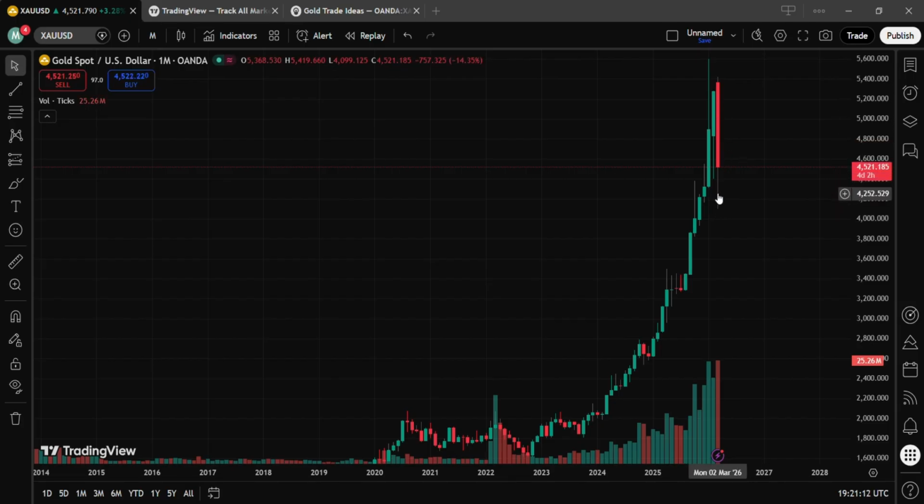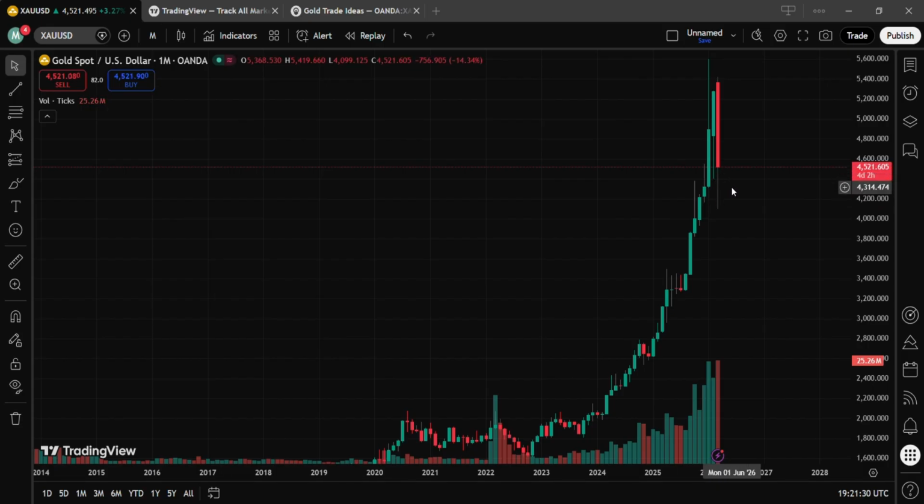So we wouldn't consider it a rejection candle yet until the month ends. The month ought to end on Monday. So today is Friday, the last day of the week. The month ought to end on Monday, that should be 30th or 31st.